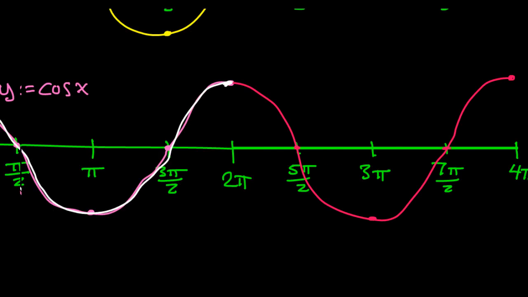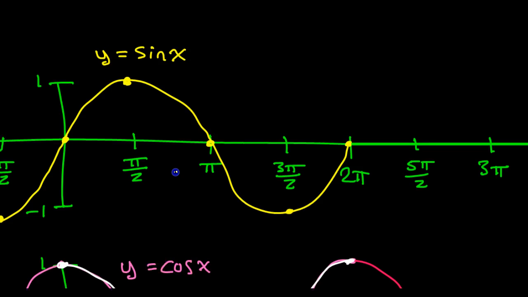So 2 pi is the period. You can see that in the sine function as well. It goes up and then down and then back to the beginning. That's the period, that's 2 pi. Once it does that, then it just repeats.